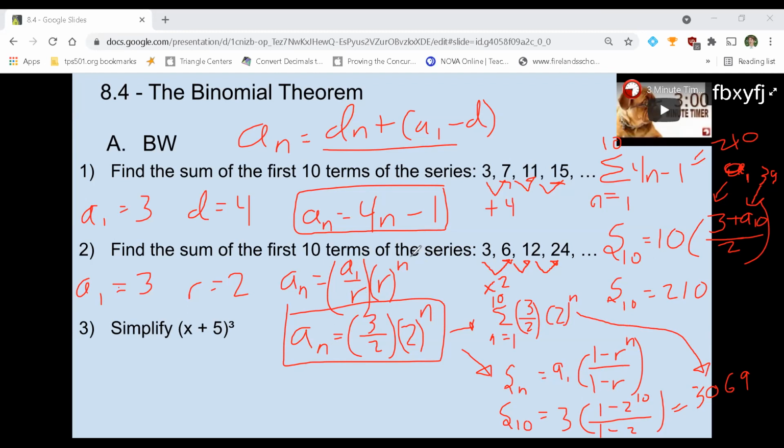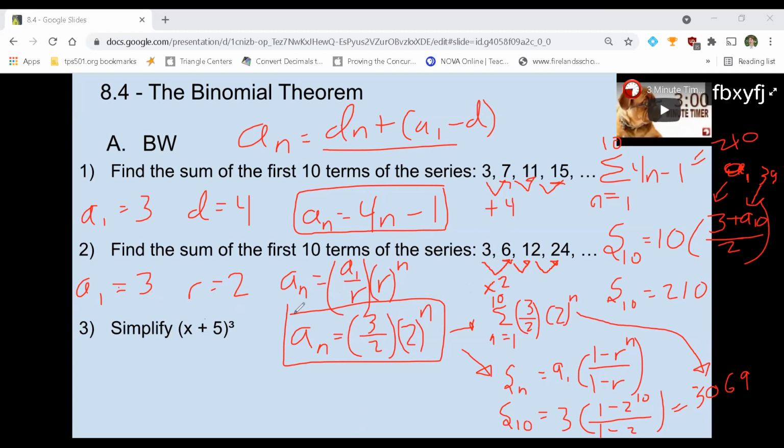They are equivalent formulas, because all I do is take that r to the negative 1 and write it as divide by r. Have you tried writing it like 3 halves over 2 to the n? Try that. If it doesn't accept it, then there would be 3 times 2 to the n minus 1.